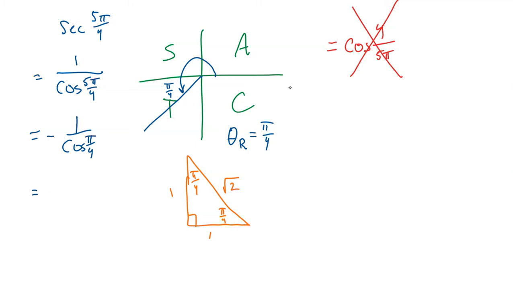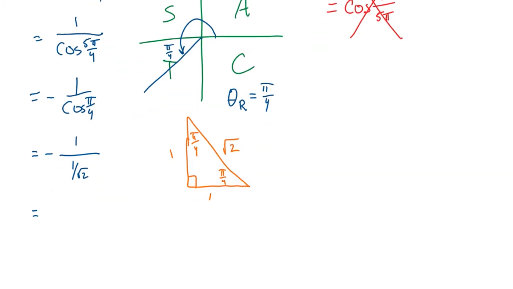Negative 1 over root 2. And you can then flip and multiply or put it into your calculator, or if you just know that it's the reciprocal, then you're just flipping 1 over root 2 to become root 2 over 1. It'd be negative 1 over 1 times root 2 over 1 if you were doing the fraction math the long way, which works out to negative root 2.